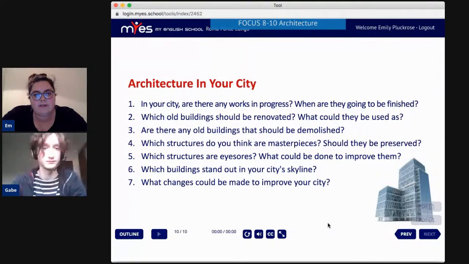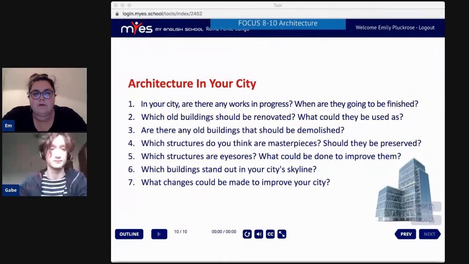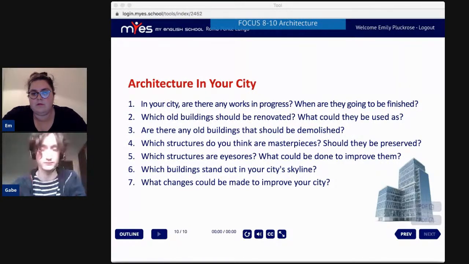What changes could be made to your city? Let's say for number 7. Agreed.